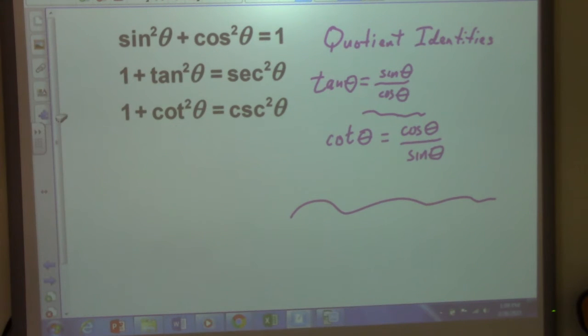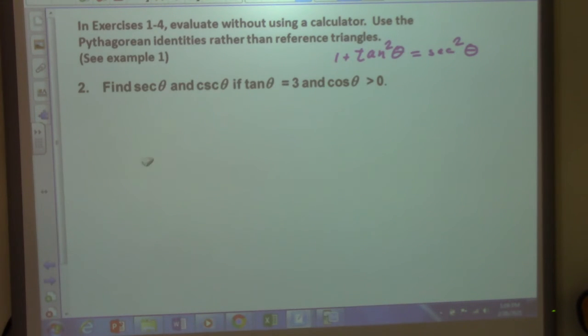And then we use those and simplify and get to something, okay? How many feel like they're making some headway on this, on number 2? Anyone? A little bit? Not? Yeah, a little bit. So I have a couple people saying, yeah, a little bit.